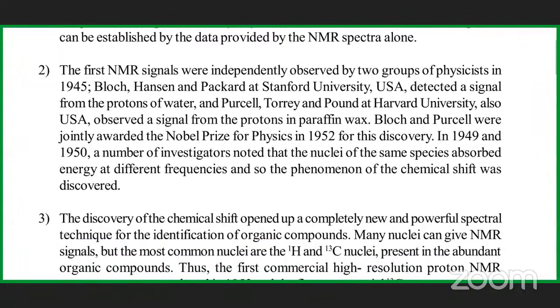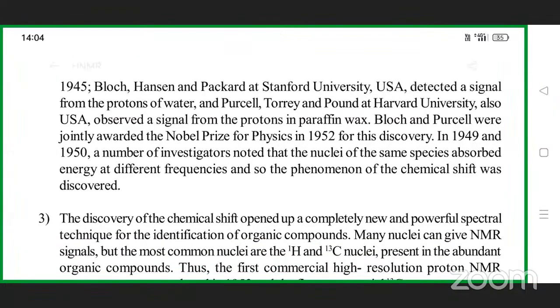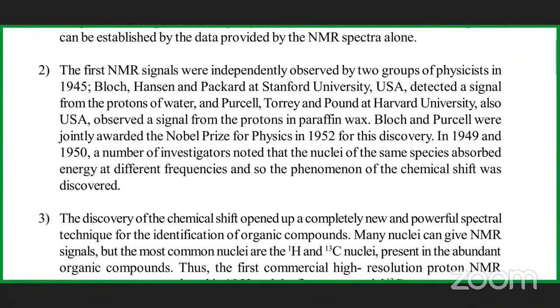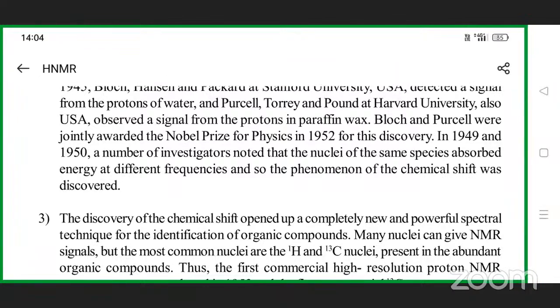By this spectroscopy, you can find out the number of protons present in a particular compound and the nature of the proton, whether it is attached to a primary carbon or a secondary carbon. So the connectivity of the molecule will be known by H1 NMR spectra and by C13 spectra.